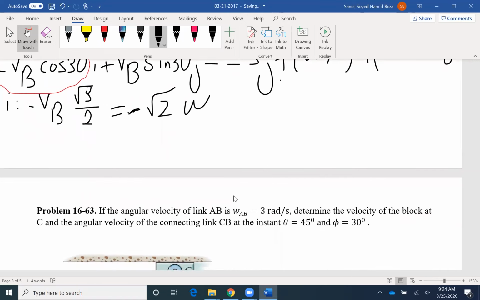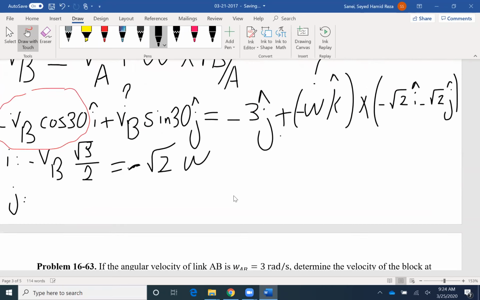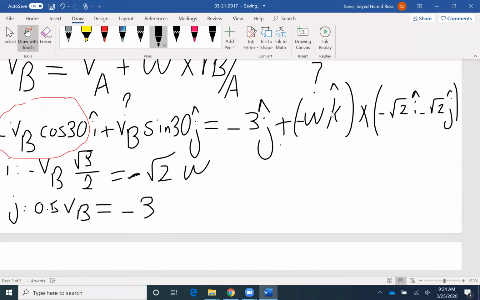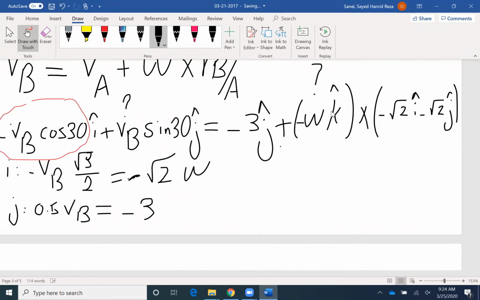For the J component, I have VB sine 30. Sine 30 would be half, so 0.5 VB. I have a J component over there. Also, the cross product of K times I will give me a J component. The cross product is not going to create a negative sign, so it's just the sign that we have here.